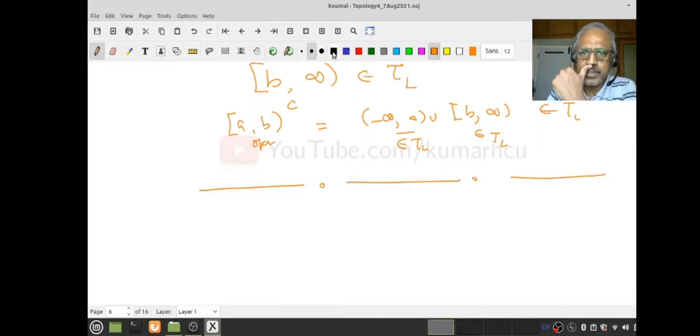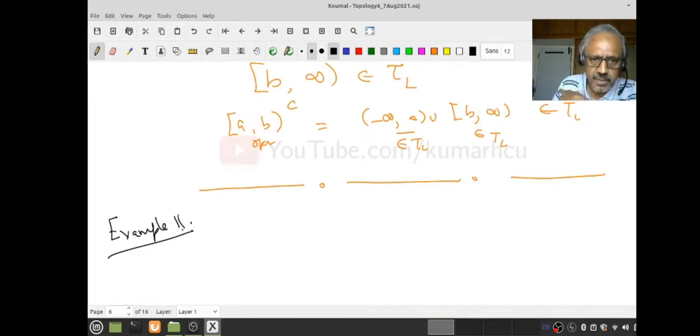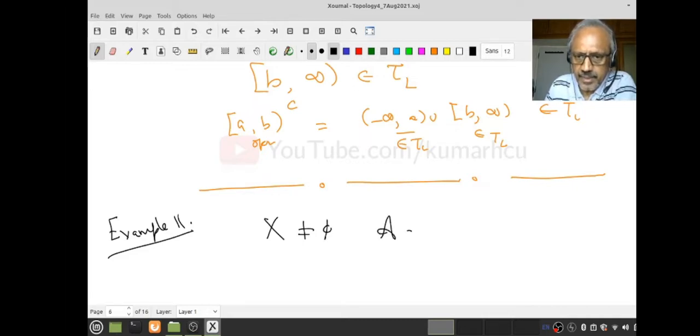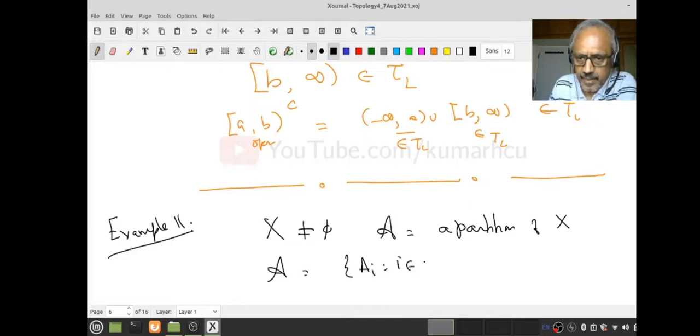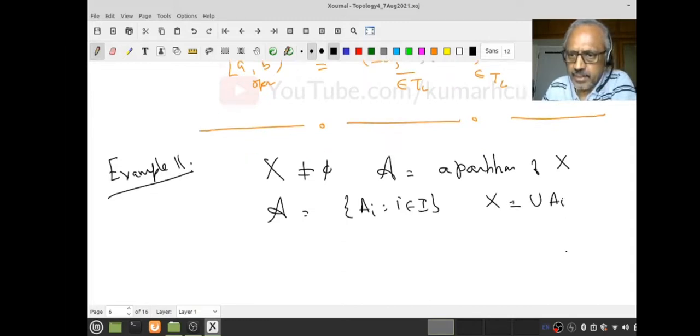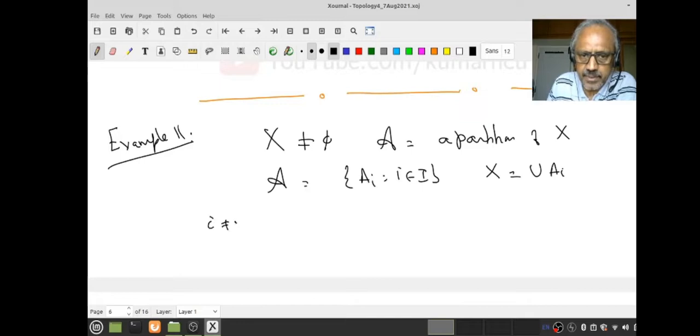So let me move on to the next example, example 11. And as I said, this will be essentially the last example. Unlike the earlier case, I will now work with an abstract setting. Let X be any non-empty set. Let script A be a partition of X. That means script A is a collection A_i, i in I, so that X is the union of the A_i, and A_i intersection A_j is empty for i not equal to j.